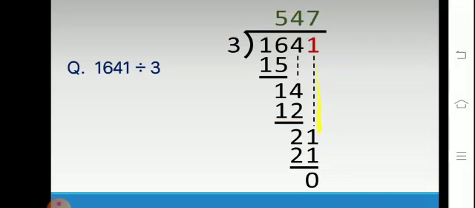Now digit 1 goes down here. It's 21 now. You know that 21 is in the table of 3 at the place of 7. So 3 sevens are 21. There is no remainder, and the quotient is 547.